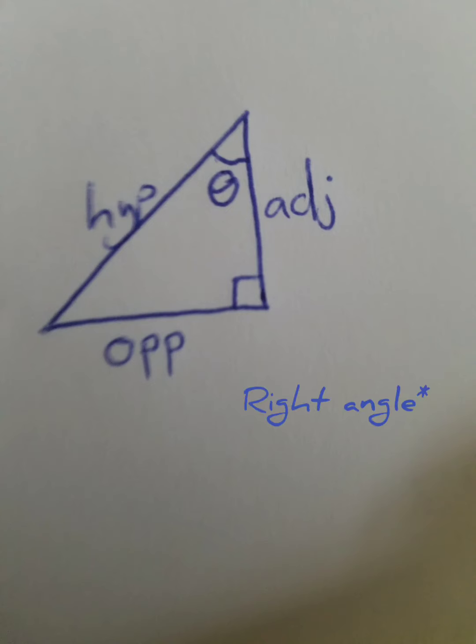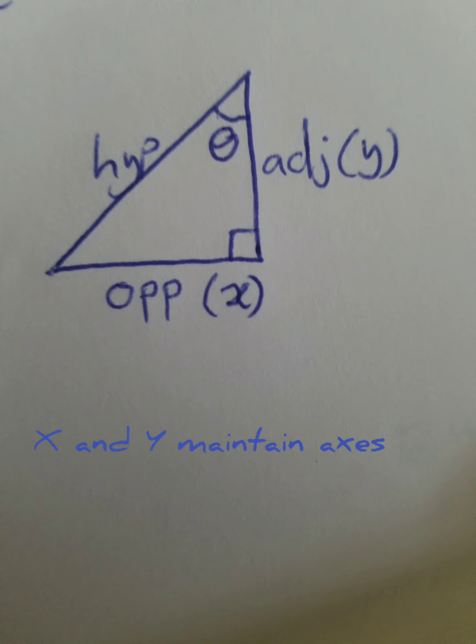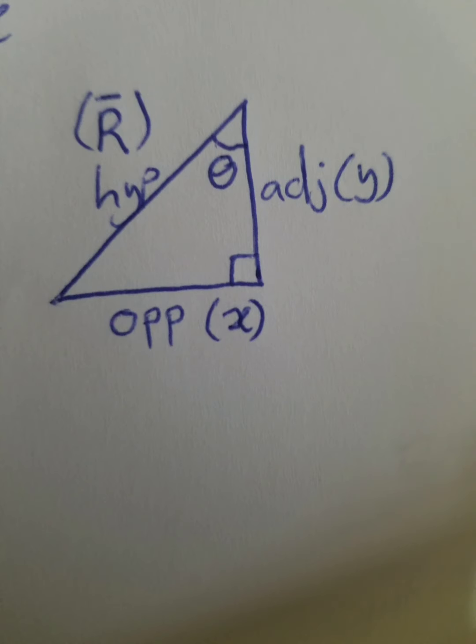But if you change your theta to be in the top corner of this triangle, then it becomes something like this. Your opposite is opposite the angle, and your adjacent is adjacent to it. In this case, sine theta is equal to x over r, and cos theta is equal to y over r.